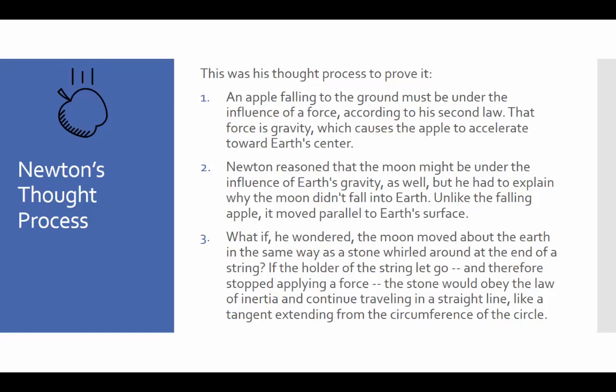So number 3, what if, he wondered, the moon moved about the Earth in the same way a stone whirled around the end of a string? Think about stories at the time, like David and Goliath. You have your sling that's going to propel the rock, and it twirls above the head in a circle before being released. Now, when released, that stone takes a tangential motion, a straight line away from the point where it was released.